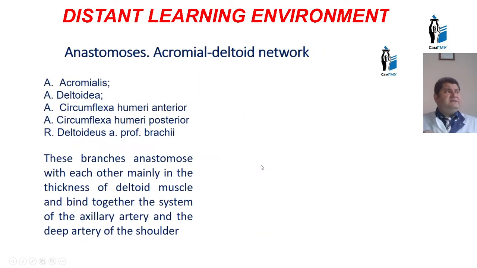It has a very important practical meaning in surgical practice.